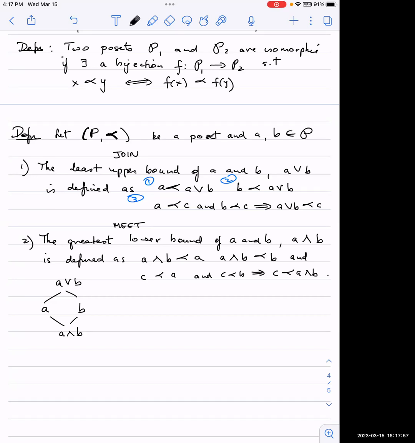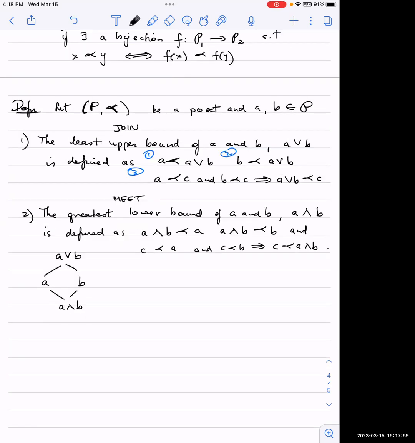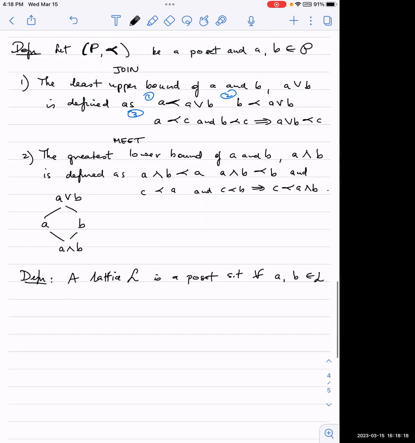And now the next definition is that of a lattice. A lattice, let's call it L, is a poset such that for every pair of elements A, B in L, A or B and A and B exist.